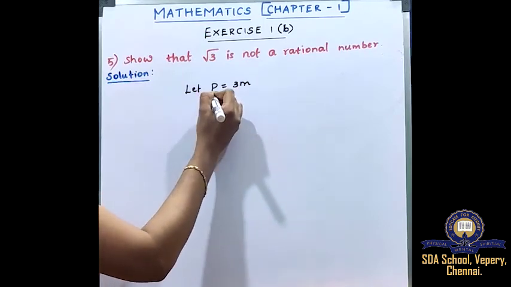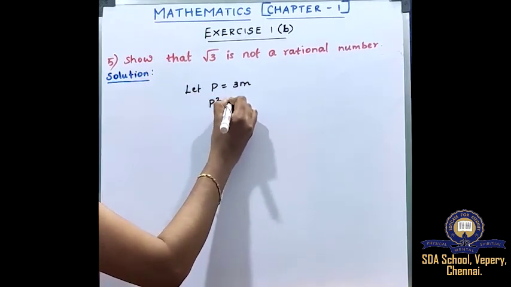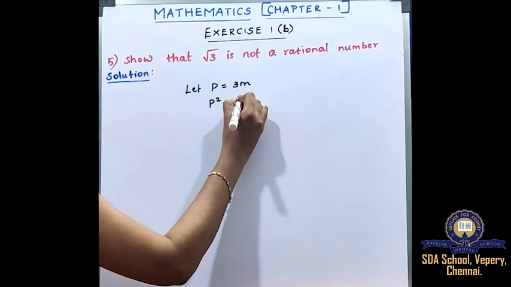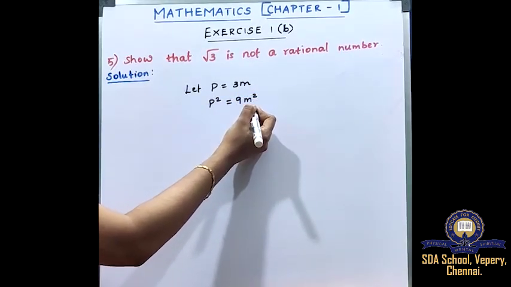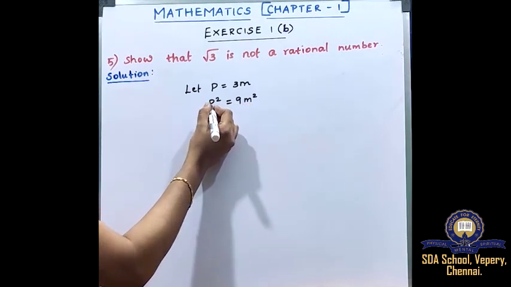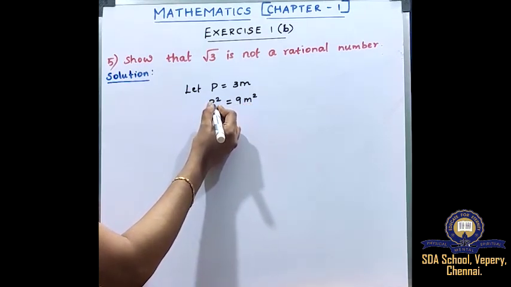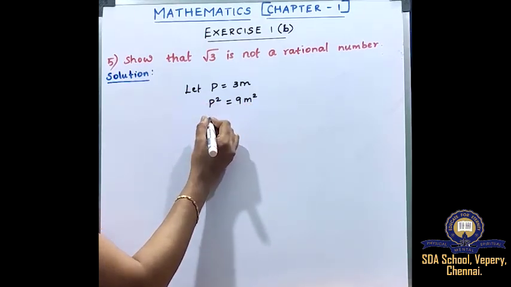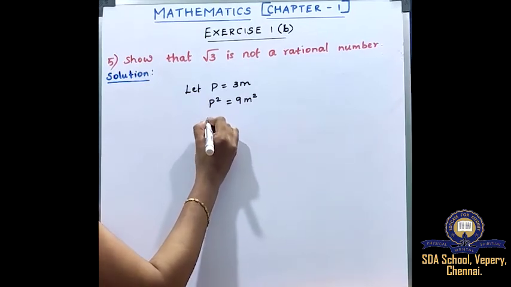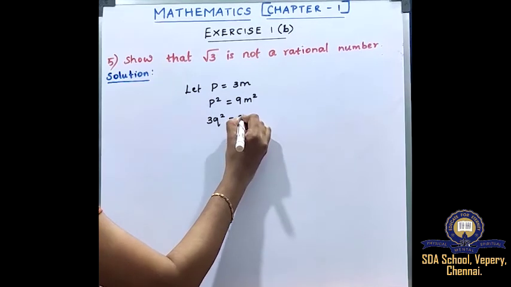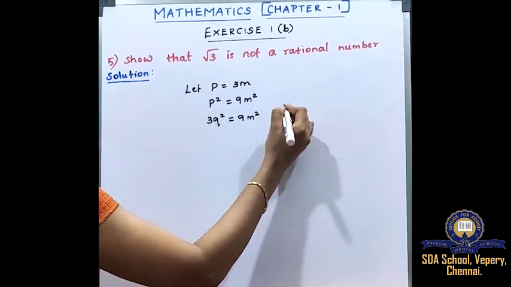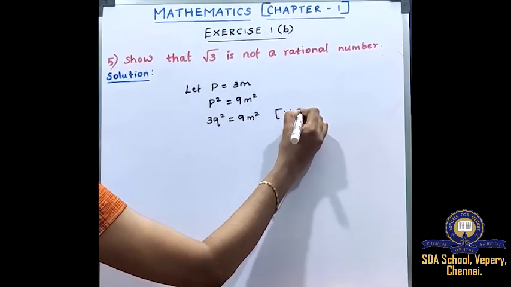Now if you square on both sides, we will get p square equals 9m square. Now again, we know p square value is 3q square, right? So you're going to substitute 3q square in the place of p square and write 9m square as such.